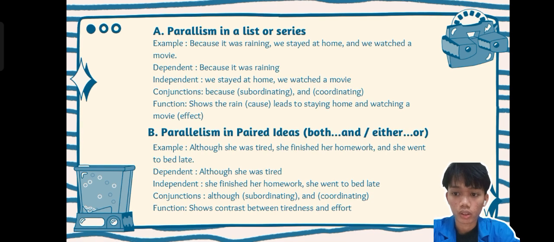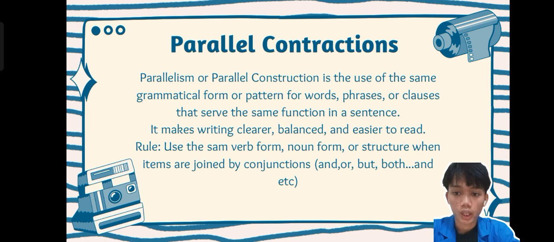Definition of parallel construction, or parallelism. Parallel construction, or parallelism, means using the same grammatical form for words, phrases, or clauses that have the same function in the sentence. It makes writing more balanced, clear, and rhythmic.